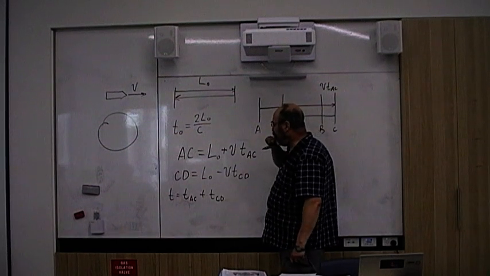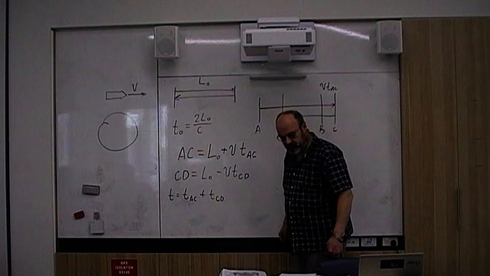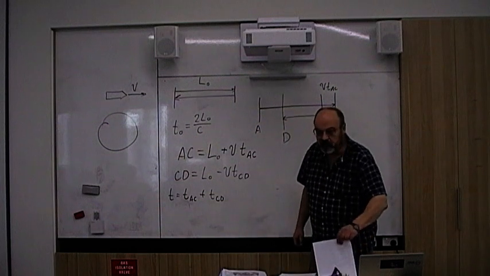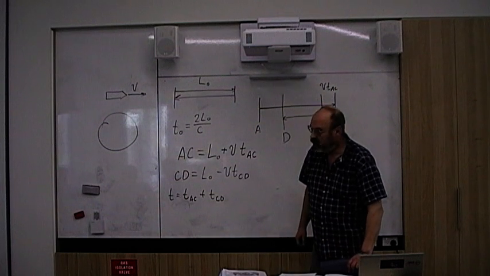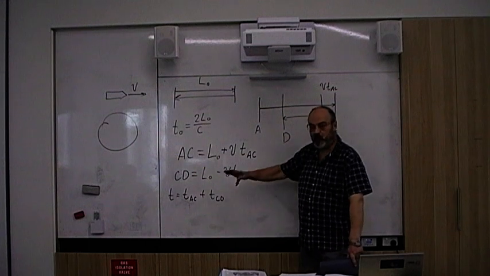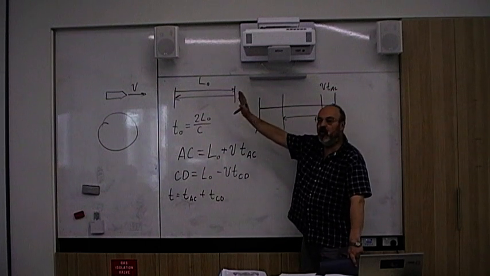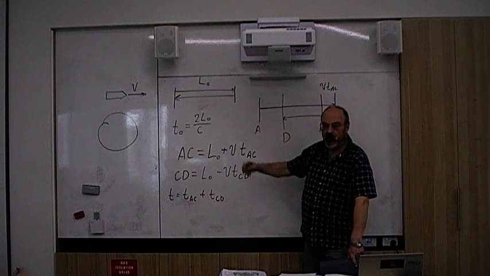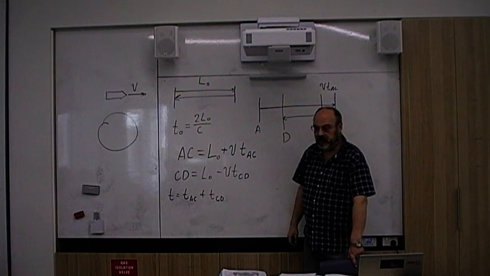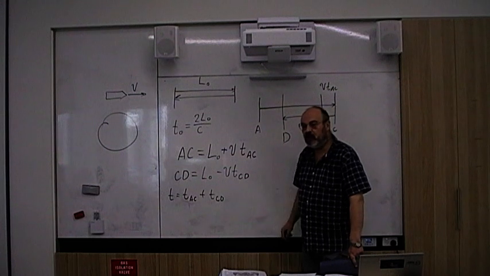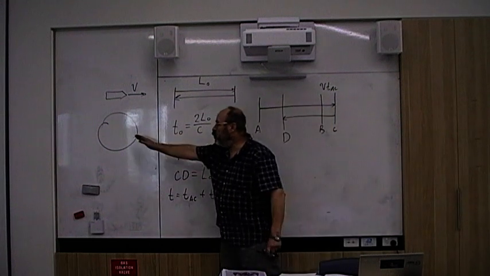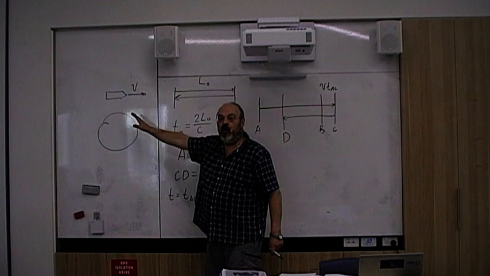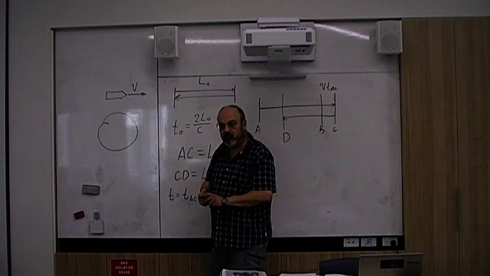Let's rearrange those formulas. Is T equal to TAC plus TCD from the Earth's perspective? That is the person from Earth looking at the clock on the ship. It's not a proper time when the person on Earth looks at the moving clock.